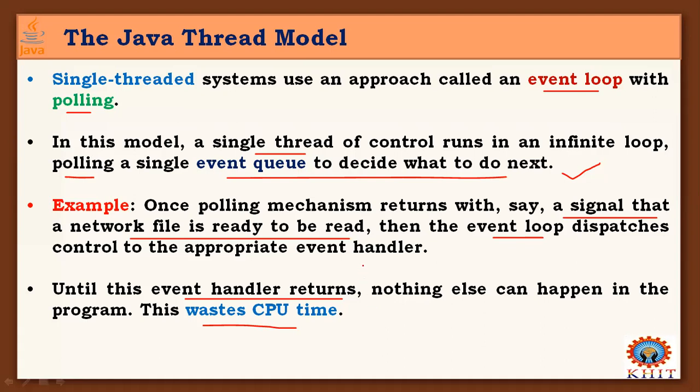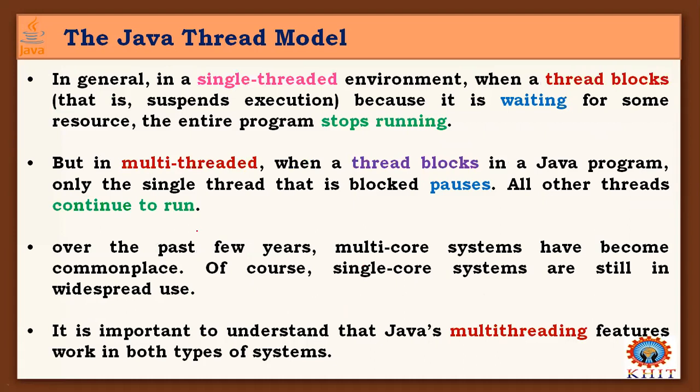To overcome this type of situation in our computer systems, we go for multi-threaded systems. In a single threaded environment, when a thread blocks, meaning when a thread is waiting or suspended based on the requirement, I will show you how these states can be changed for a thread.